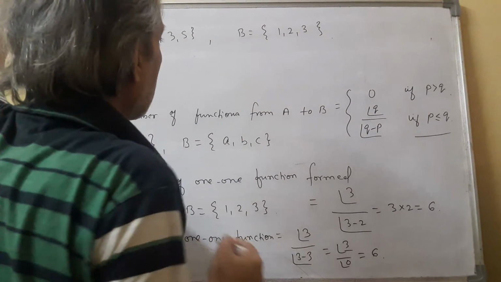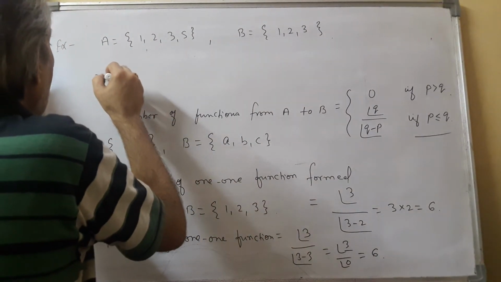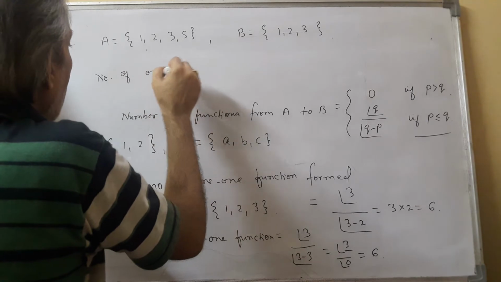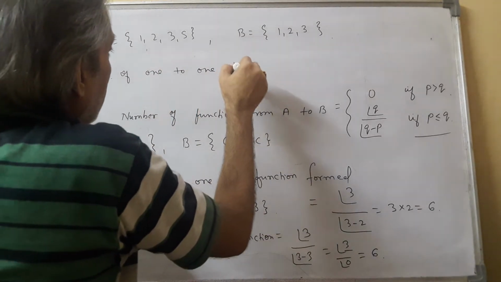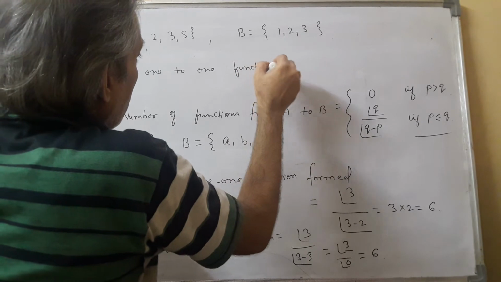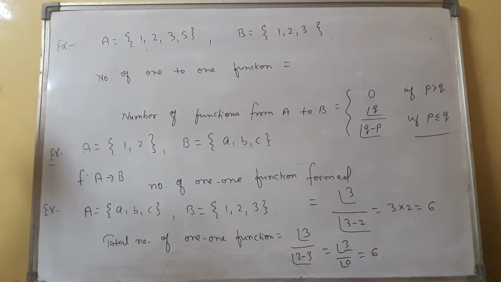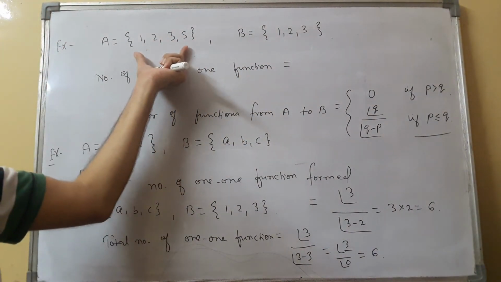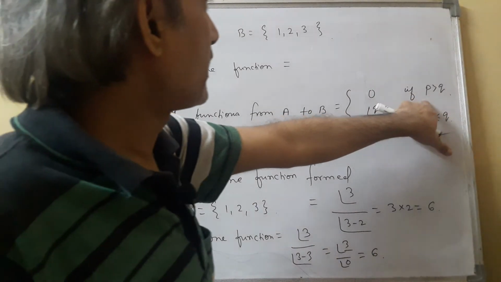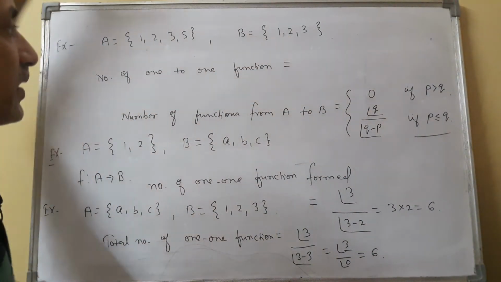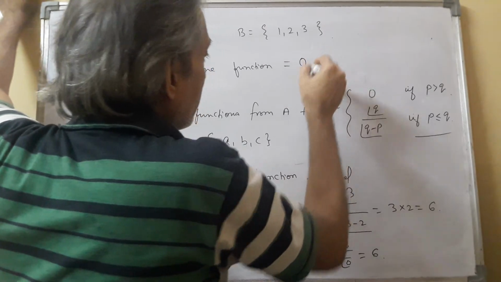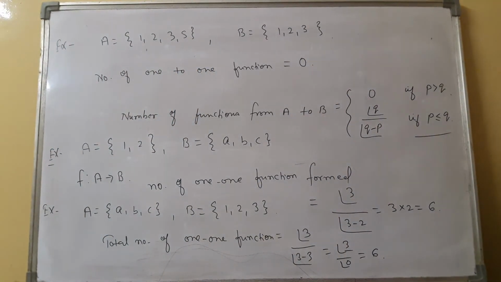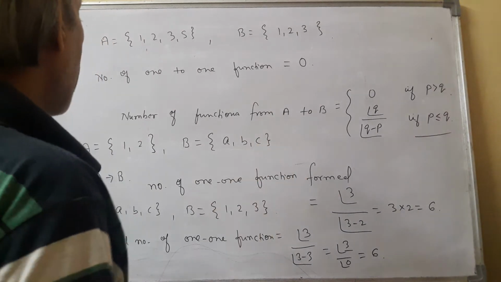How many one-to-one functions can be formed? Answer will be what? Look, here P is 4 and Q is 3. It has 4 elements, it has 3 elements. P is greater than Q. 4 is more than 3, and therefore number of functions formed will be 0. तो इस तरीके से यहाँ पे हमें टोटल नंबर ऑफ one-to-one फंक्शन निकालना है जस्ट बाय अप्लाइंग दिस.